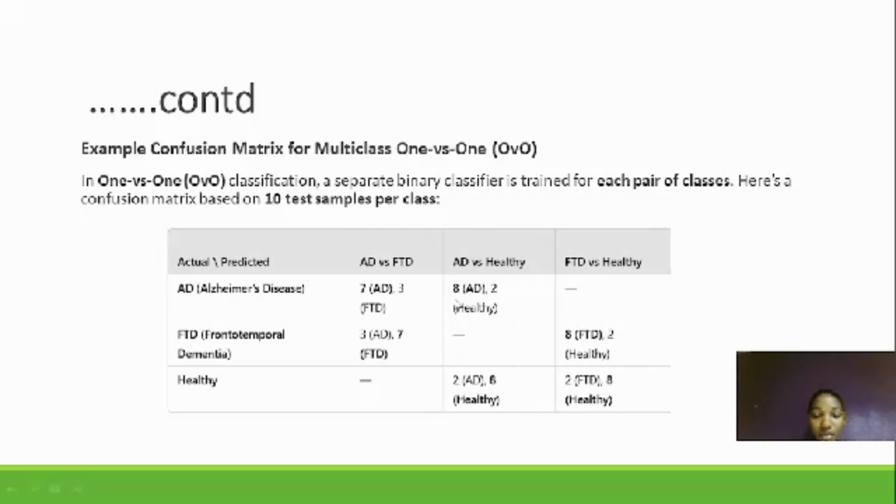These are the predictions made by the classifiers. But then you have to compare with the actual data. Since it's a confusion matrix, there will always be the false and negative ones and the positive ones, so you compare with the actual data to see whether the model is predicting correctly.